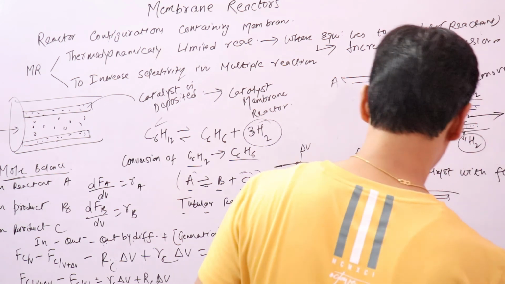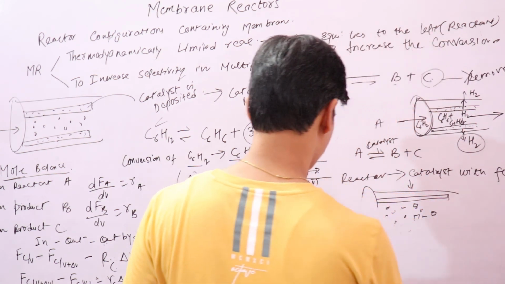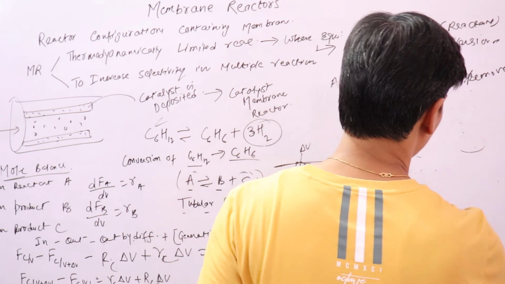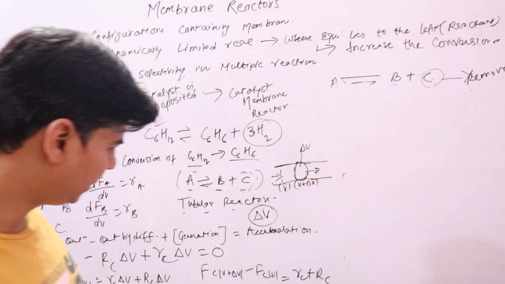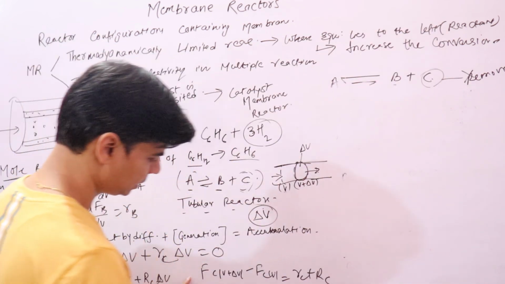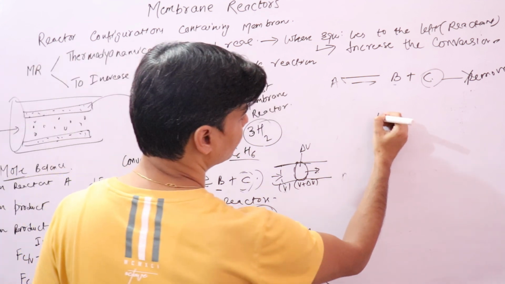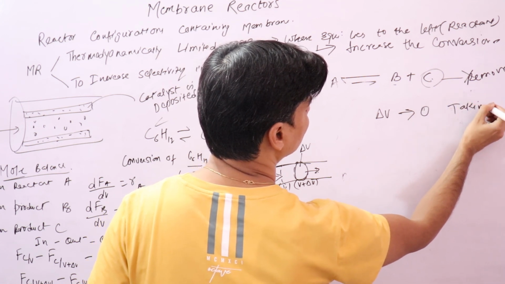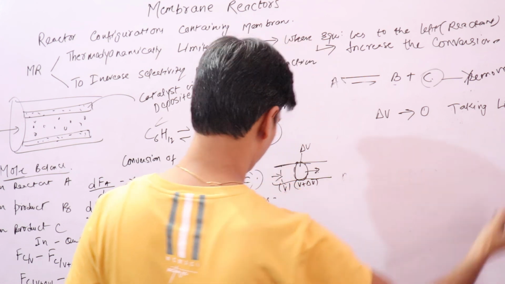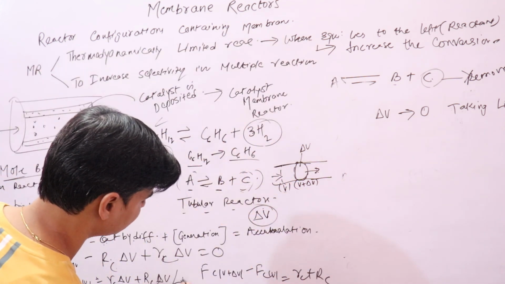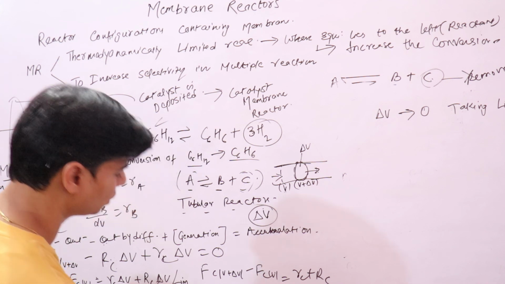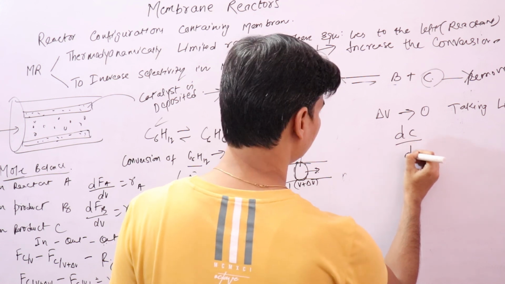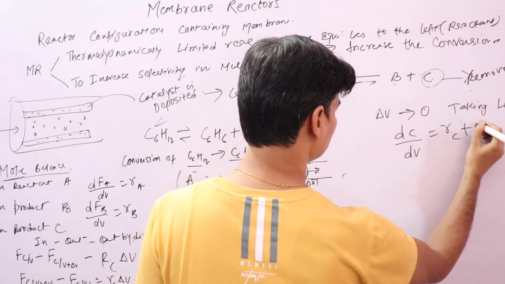Let me just rub this off. Now here you have the limit formula. If delta V tends towards 0 and we take the limit, you will get dFC upon dV is equal to RC plus RC.